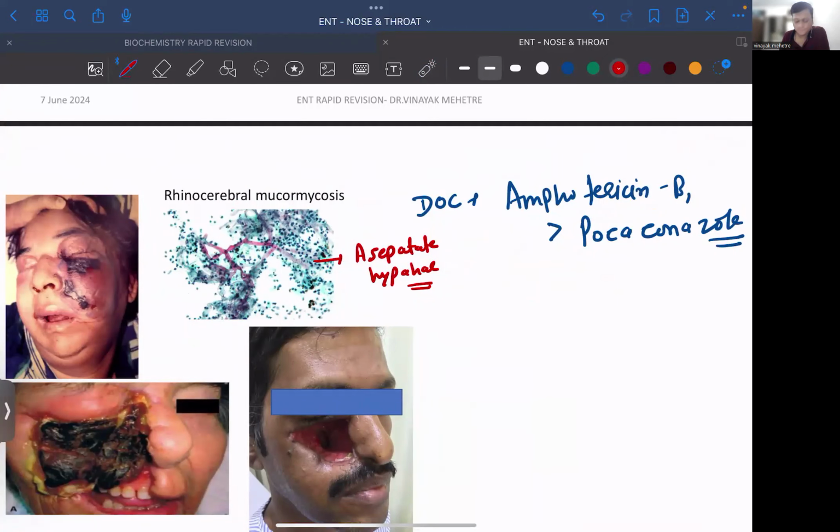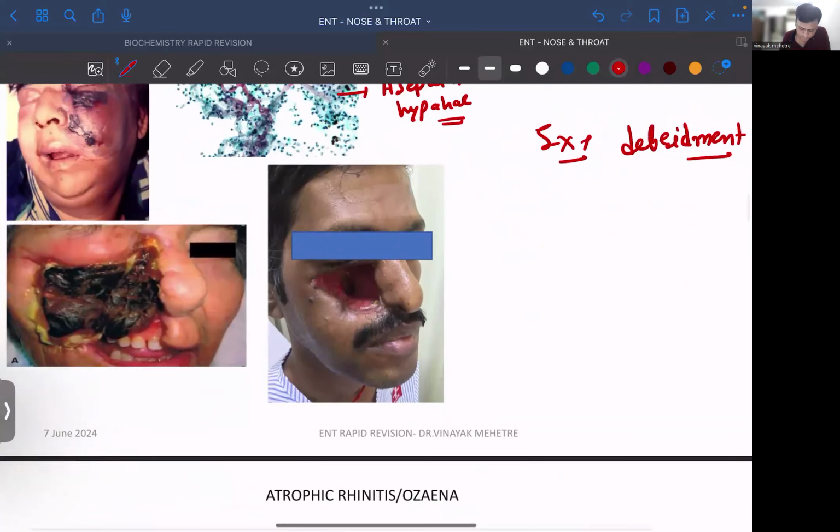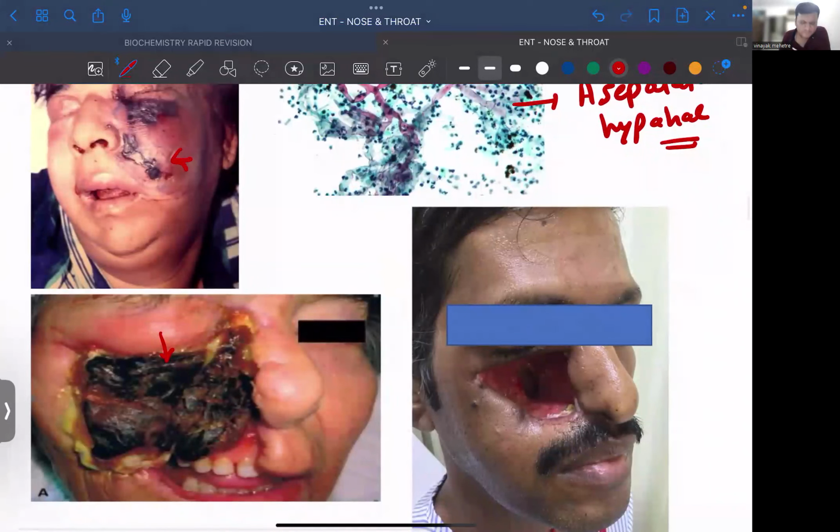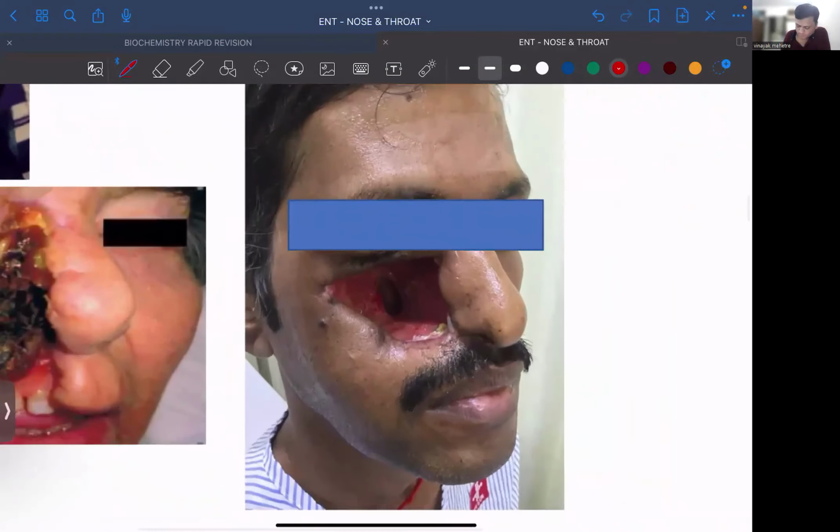We do surgery in this. We do surgery that is called as debridement. What we will do? We will remove this infected part. We will dig everything out and throw it away. And what will be left?